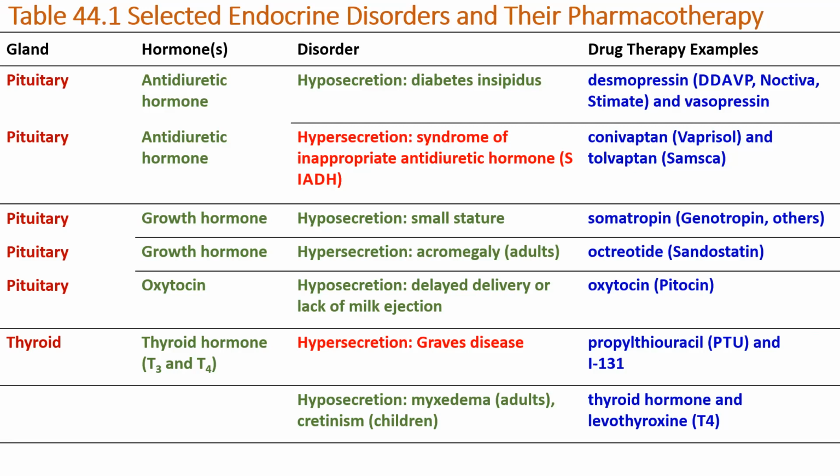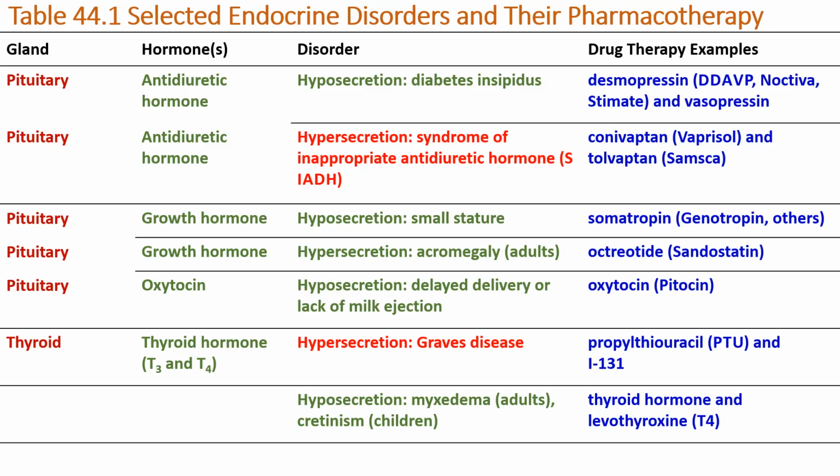Thyroid: patients with hyper versus hyposecretion. Patients with hypersecretion of the thyroid, like Graves' disease, or hyperthyroidism, will be treated with PTU, propylthiouracil, or radioactive iodine 131. And patients with hyposecretion of thyroid hormones like T3 and T4 sometimes are even older adults.